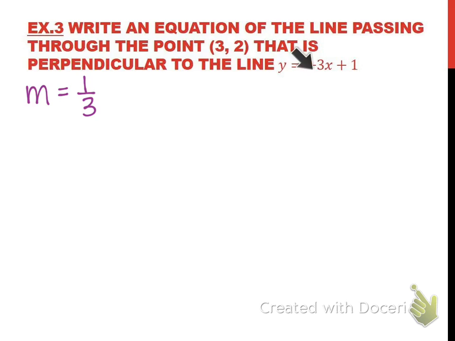So if we're perpendicular to this line, opposite reciprocal of -3 would be positive 1/3. So I want you to go ahead and give the rest of this problem a try. From here on out, it's a lot like our last one. Use point slope form and then change it into slope intercept form.